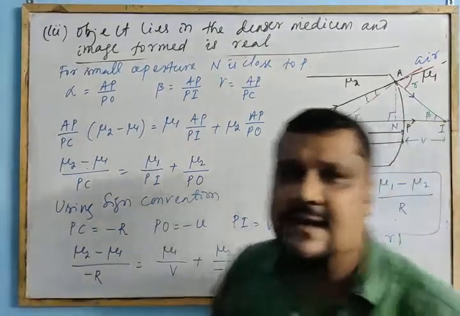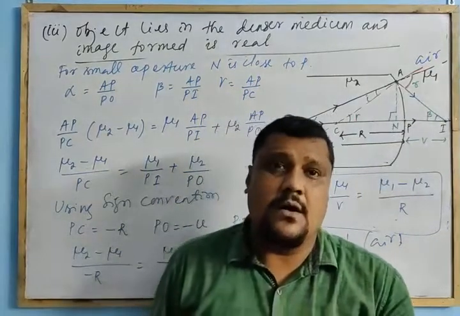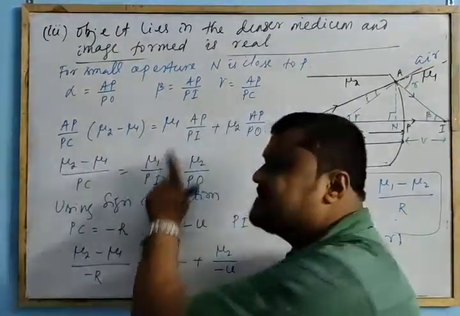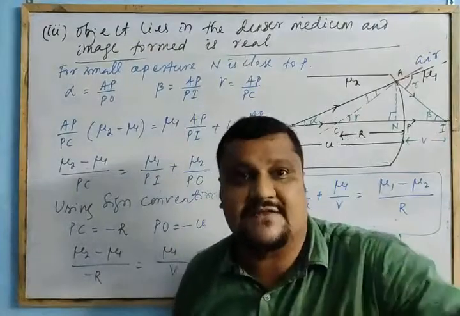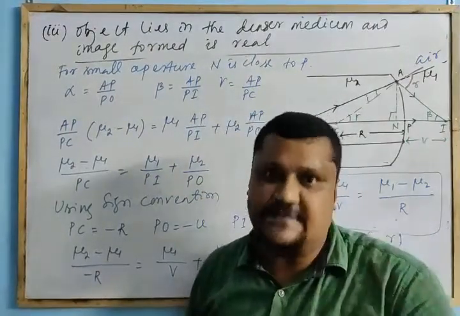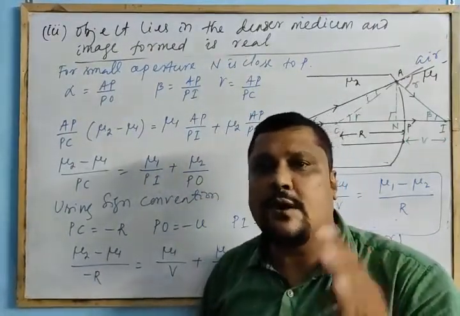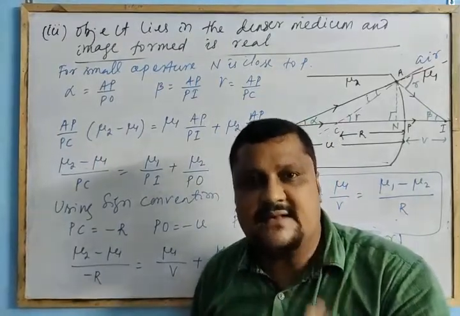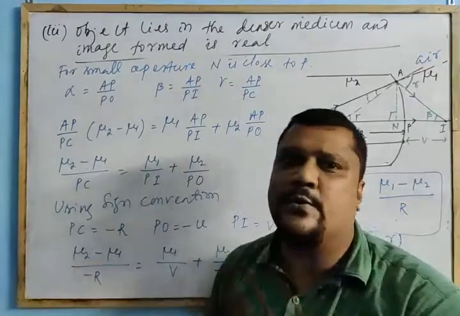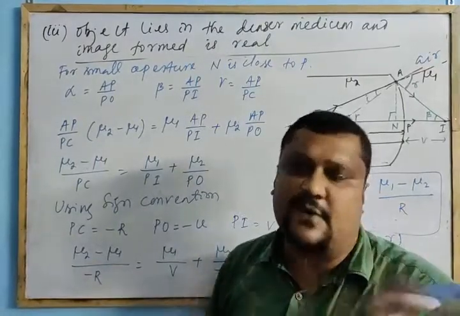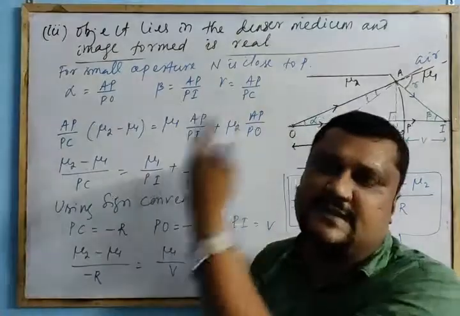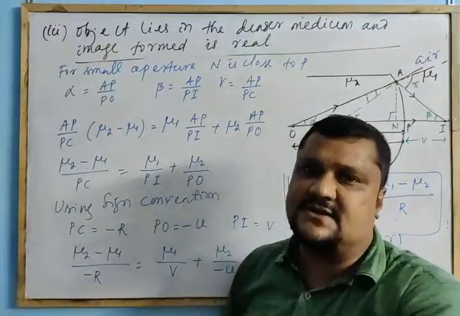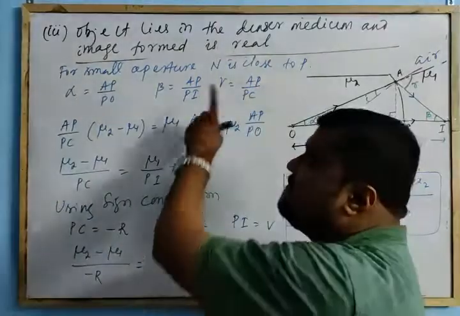Okay. Next, in the next video, we will discuss the other 3: one from the convex surface and the other 2 from the concave surface. In the concave refracting surface, the image is always virtual, so there is no need to take the real image case. That's why there we will discuss only 2 cases: object lies in rarer and object lies in denser for concave, and 1 case from convex.